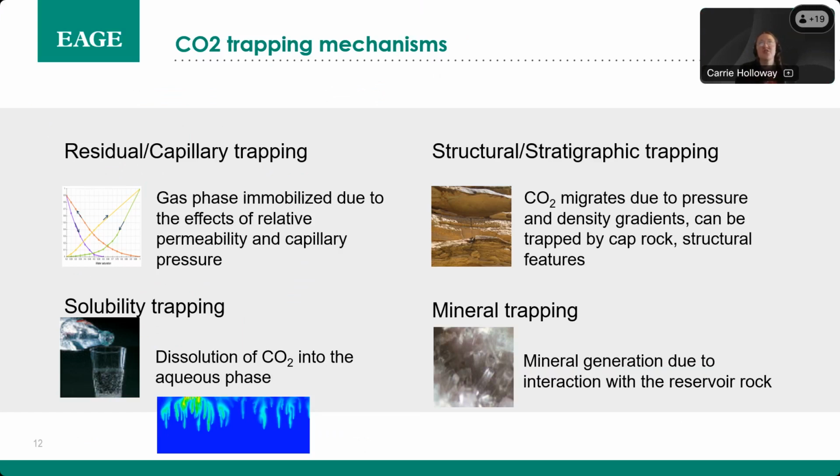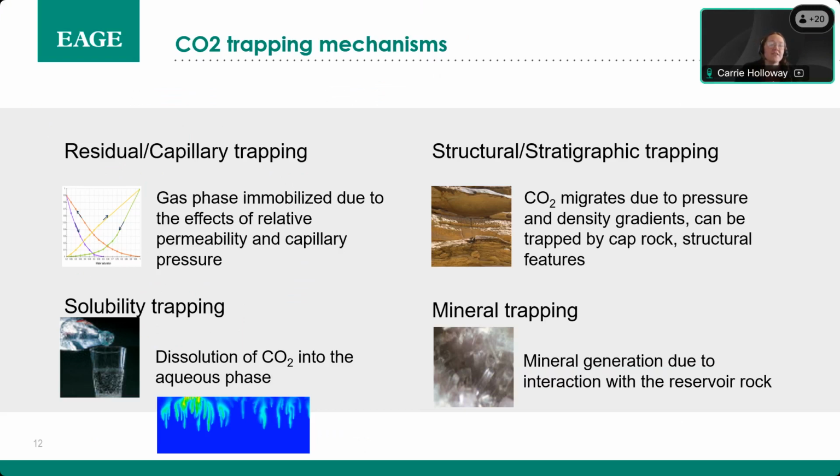We also have our traditional structural and stratigraphic trapping, which is where CO2 is trapped buoyantly by impermeable cap rock and a closed structure, for example an anticline, a fault-bounded block, or perhaps a pinch out. This is more like the traditional oil and gas traps.